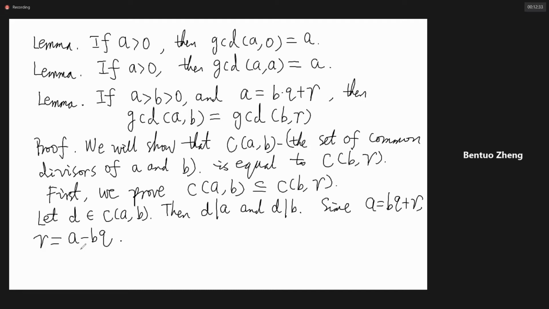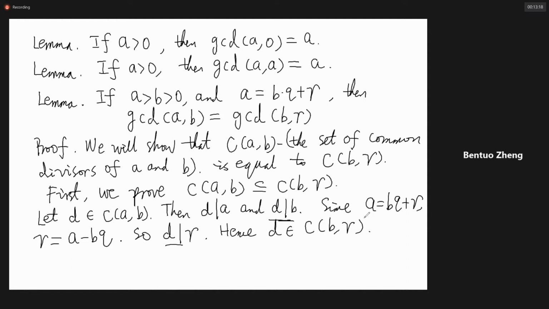So remember a linear combination. R is equal to A minus BQ, which is a linear combination of A and B. In particular, this implies the common divisor D divides R. Now, since D also divides B, hence D belongs to the common divisors of B and R. All right, so this is one direction: C of AB is a subset of C of BR.